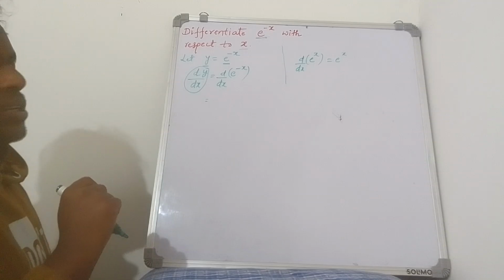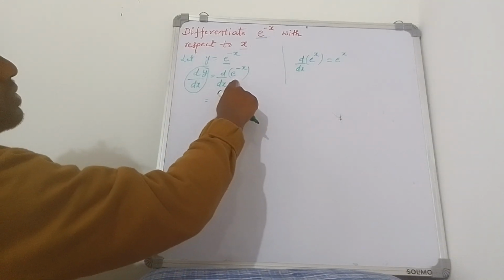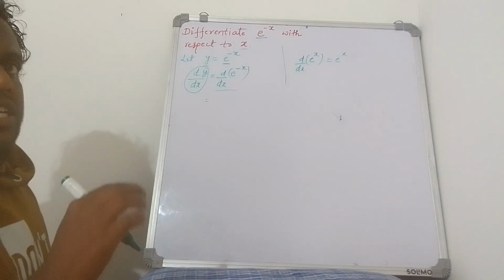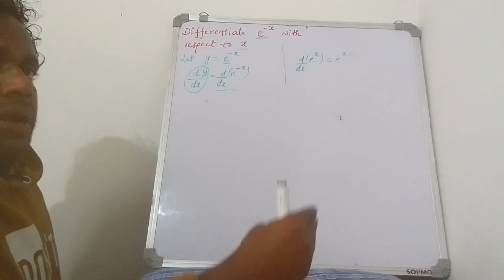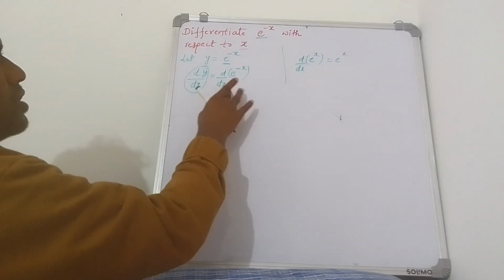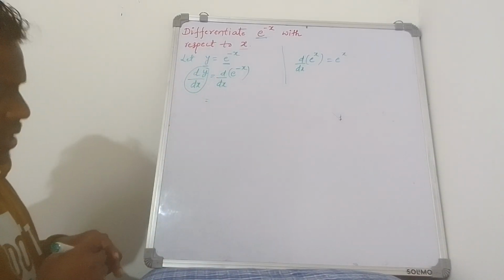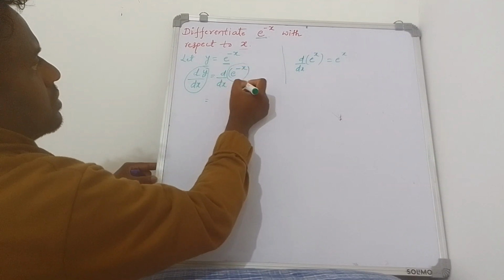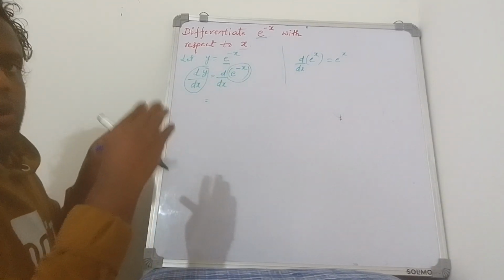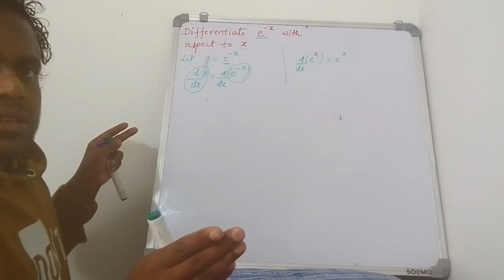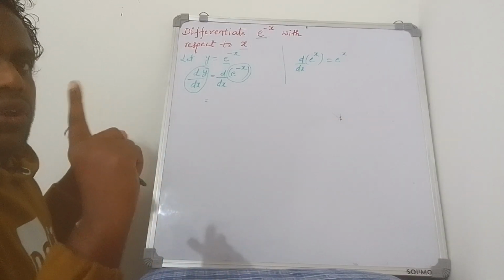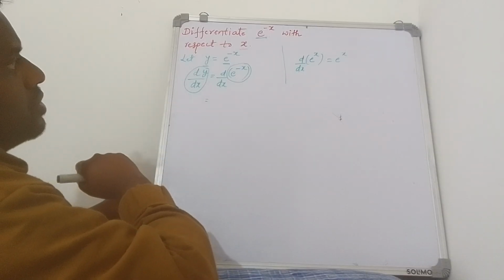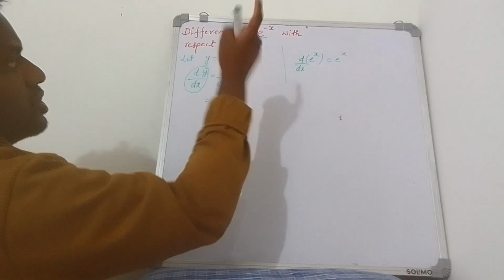Chain rule means we have to split this function, this d by dx of e to the minus x is there, no? That we have to split into d by dx of different functions. How? See, first you consider this part. Okay, e to the power of minus x is one function. You have to consider this as one function.